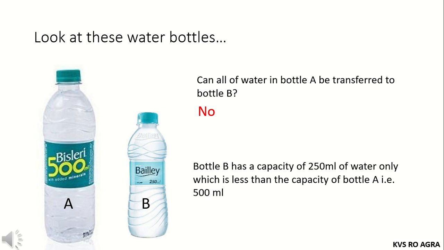That means it has a capacity of 250 milliliter. And if we try to fill 500 milliliter of water in bottle B, the excess water will overflow. Here we can say that the capacity of bottle A is more than the capacity of bottle B.